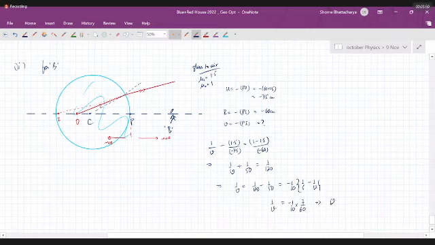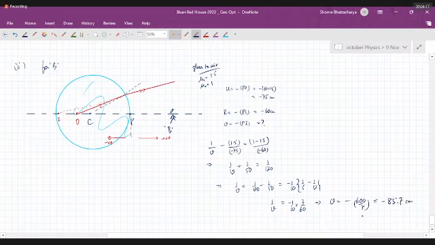So V as expected is negative, but more importantly, it's a large negative value. So something like this.